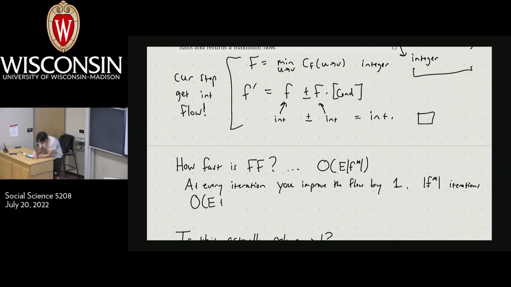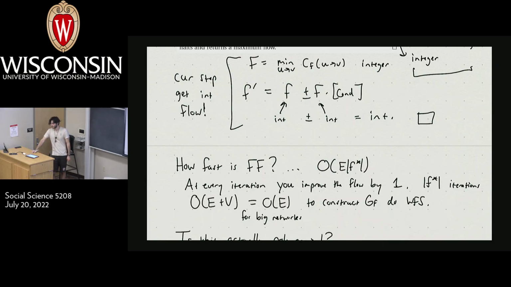But for most flow problems, we're assuming it's a very well-connected network, and so we just treat that as O of E. So it's O of E time to construct G_F and then do whatever for search. So we do O of E operations, and we do it that many times, so that's the total running time.